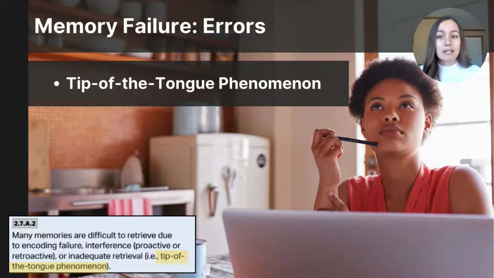Researchers who have studied the tip of the tongue phenomenon have found that almost everyone experiences this, and usually about once a week. The tip of the tongue retrieval state happens more often as people get older, and it occurs more frequently when trying to recall names. The tip of the tongue state also happens commonly when someone can't quite remember the information, but they might remember the first letter or they might recall similar words.